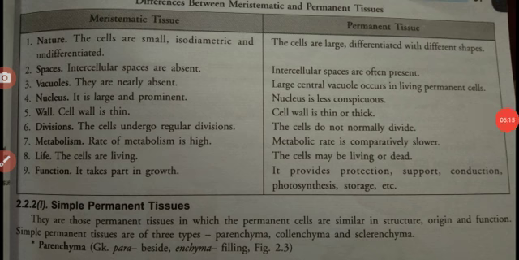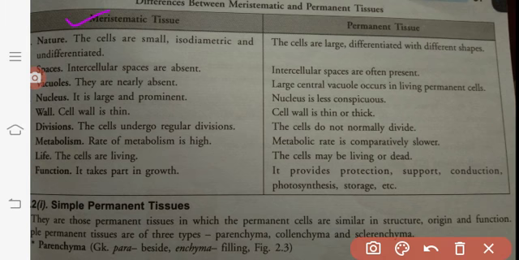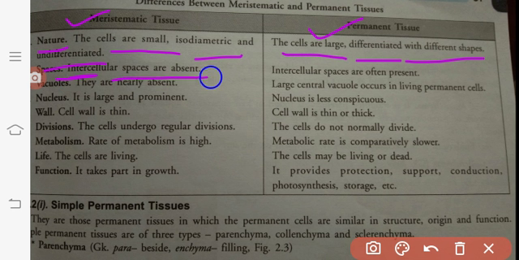Now what is the difference between meristematic tissue and permanent tissue? First बेटा, nature, the cells are small, isodiametric and undifferentiated. In permanent tissue, cells are large, differentiated with different shapes. Second बेटा, space, intercellular spaces are absent in meristematic tissue, but in permanent tissue, intercellular spaces are present.